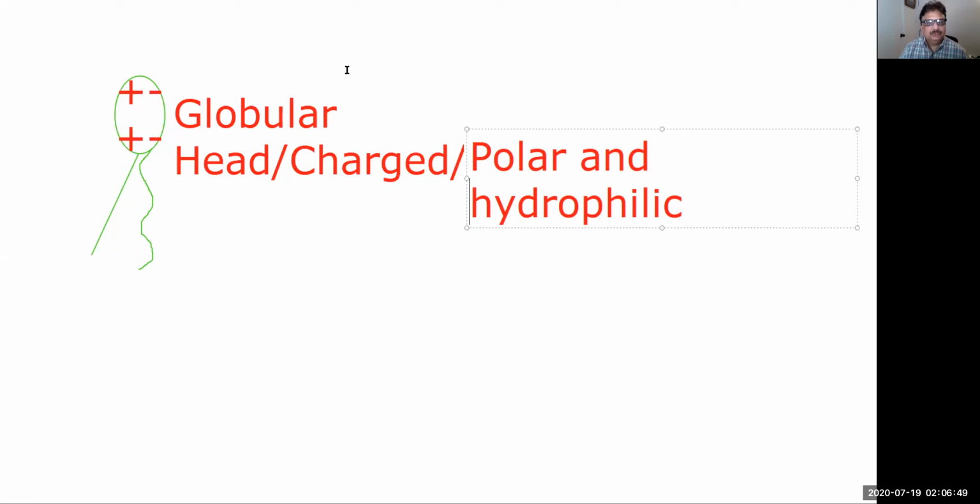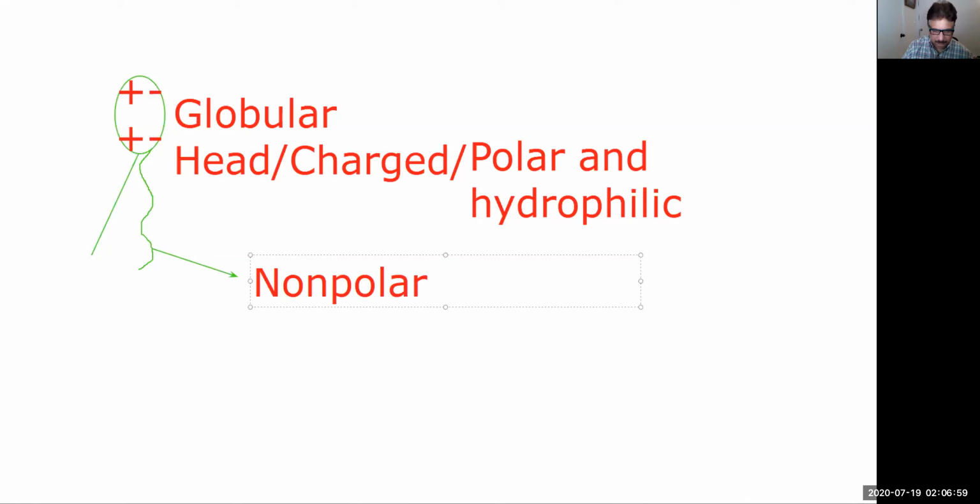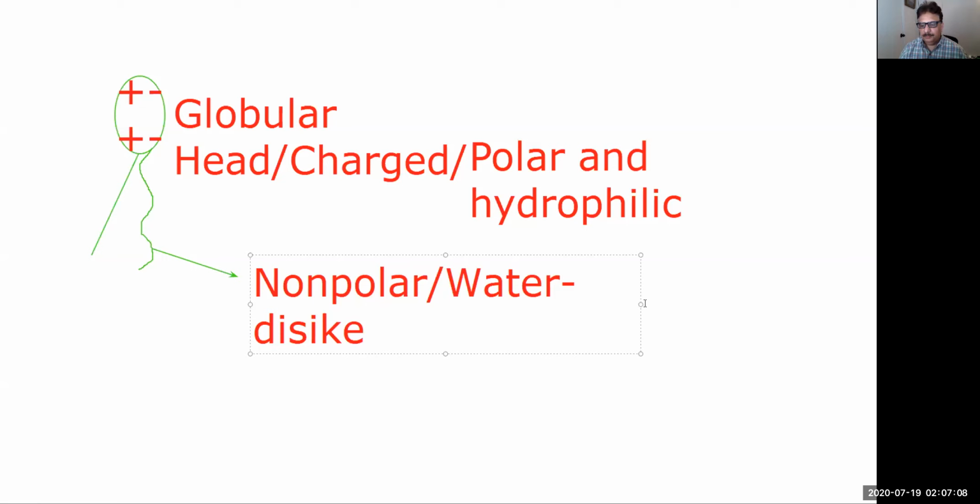Now, in contrast to the head, the tail has just the opposite properties. So they are non-polar, they are non-charged, and they dislike water.